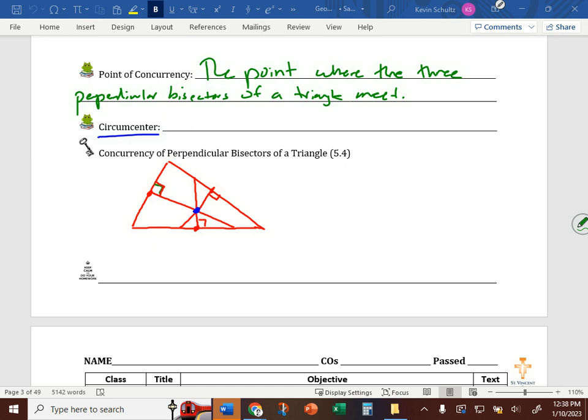If you did this correctly, the circumcenter is the center of a triangle in that if you were to draw segments to the angles of the triangle, they will all be congruent. So now go ahead and measure the distance from your circumcenter to each angle and see how close you got. If you plotted this correctly, it should be equidistant from the three angles of the triangle.